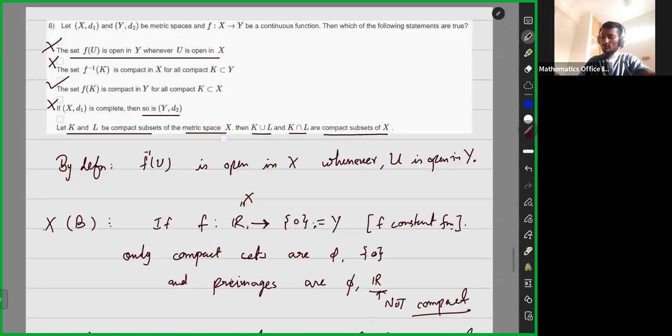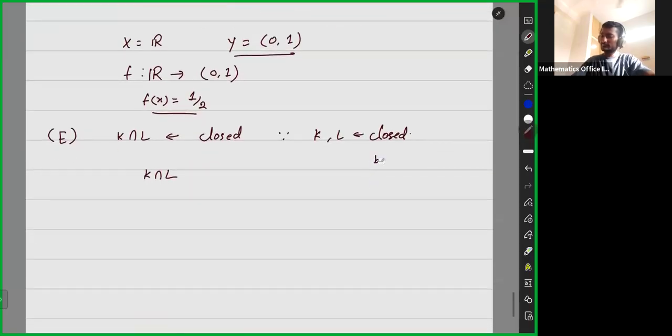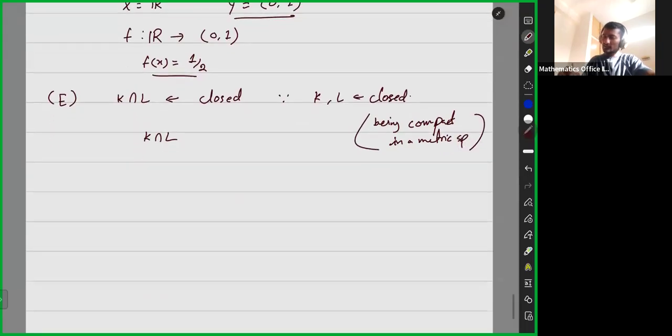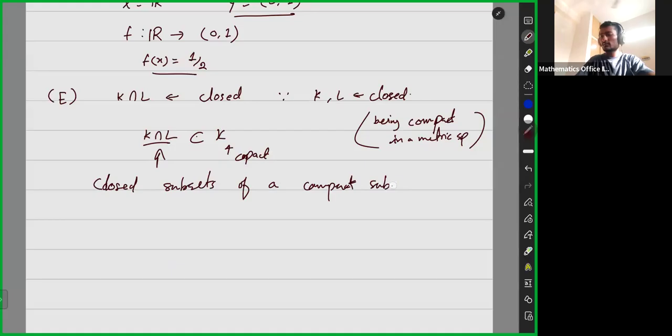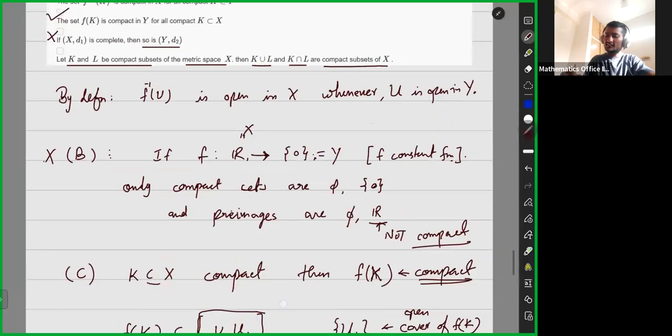A closed subset of a compact set is also compact. So the intersection part is clear.